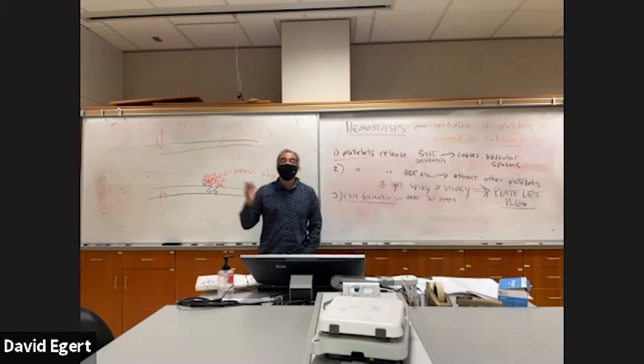The last stages are, there is a plasma protein called prothrombin, which is normally just floating around, and things called pro-whatever are in this version that's not active yet.